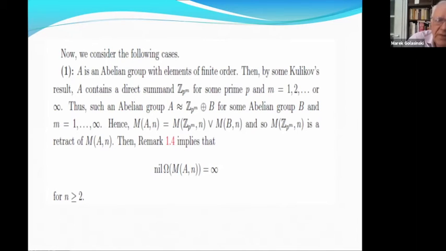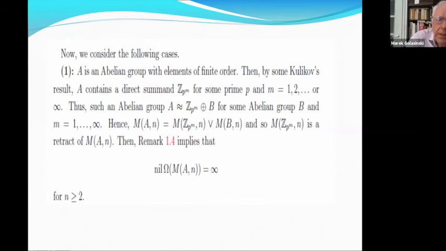So if A is isomorphic to the direct sum of Z/p^m and B, then the Moore space on A, n is just a wedge of the Moore space of Z/p^m, n and this Moore space on the B. But we have shown that the homotopy nilpotency of the Moore space Z/p^n is infinite.